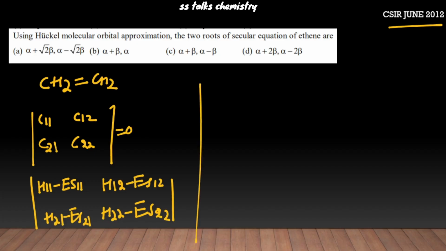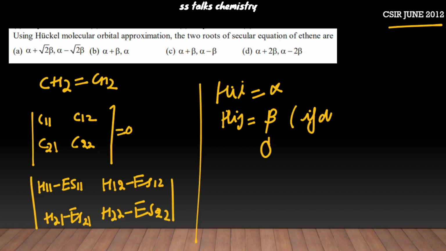Right. Now these energies, the Hii, that means both these ii values are the same. This value is equal to alpha. Okay, and for the values of Hij, if there is direct bonding, then it is given the value of beta, and if there is no direct bonding, then this value is 0.